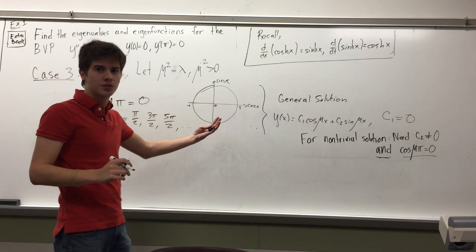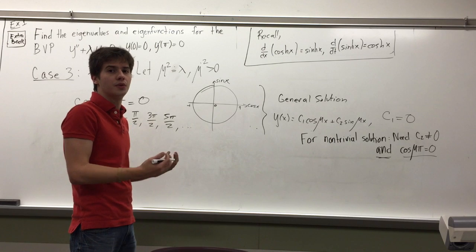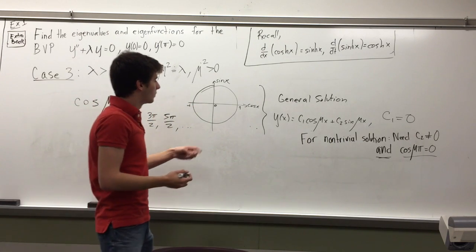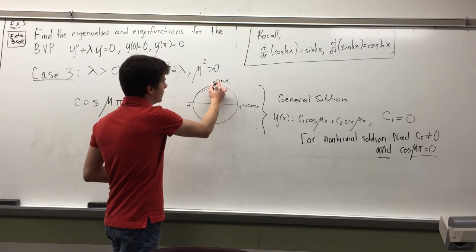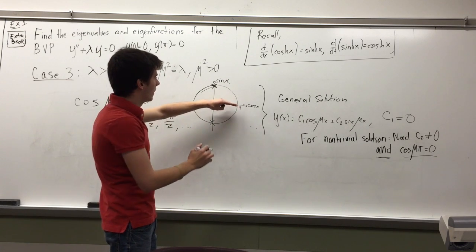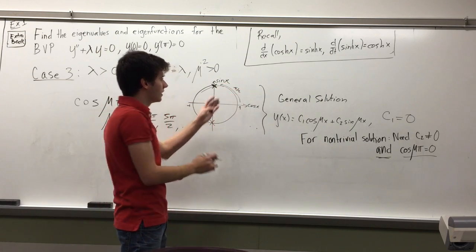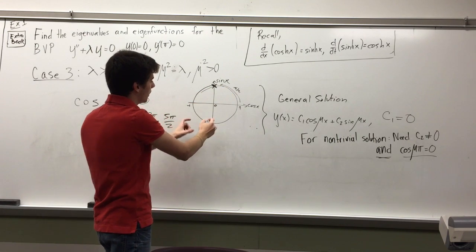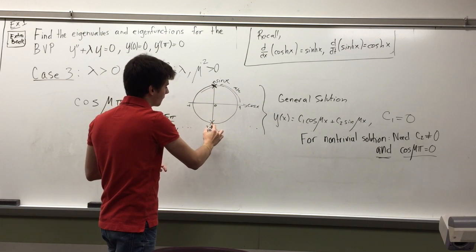The places that cosine of x vanishes are these 2 points right here. If each of these terms is pi over 2, 90 degrees, then when we add this all up, this is 3 pi over 2.